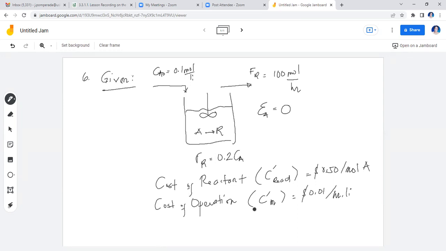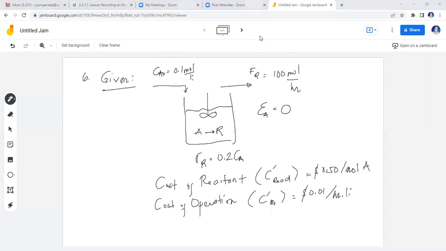But if after computation, based on the principles that were discussed to you, your answer is zero, then be it, even if it's gaseous, even if it's constant pressure, even if it's varying volume. But the thing is, class, you really have to determine epsilon A when the reaction is any of these three conditions. Automatically, epsilon A will be zero if your reaction is liquid in nature or you're provided with a solution. Automatically, epsilon A is equal to zero.